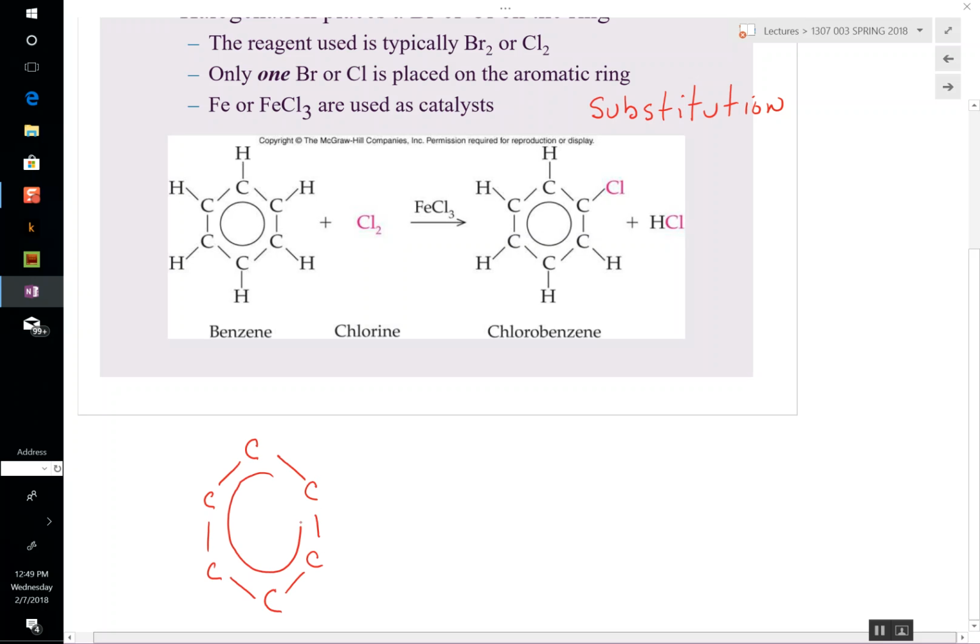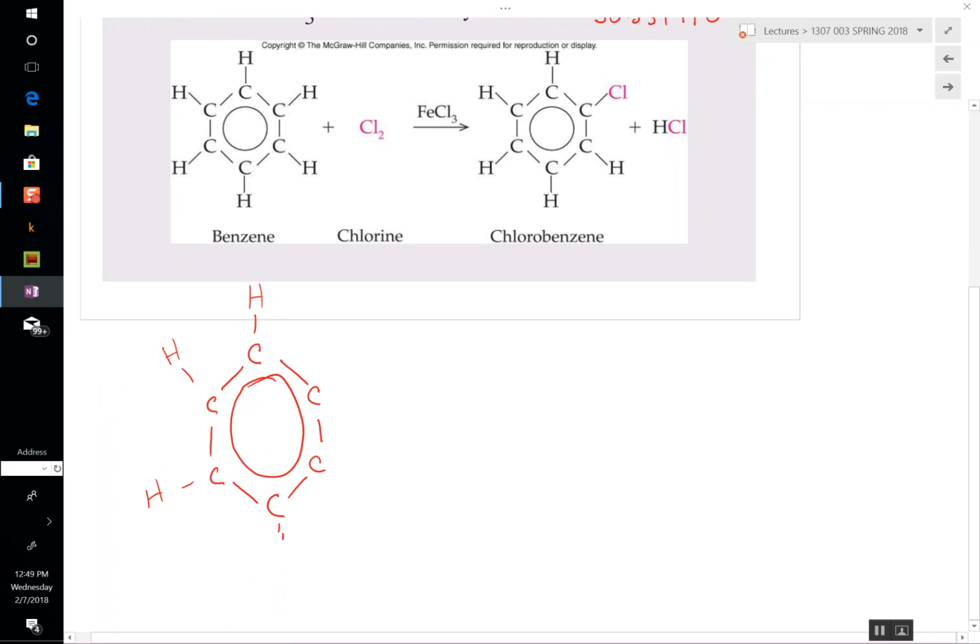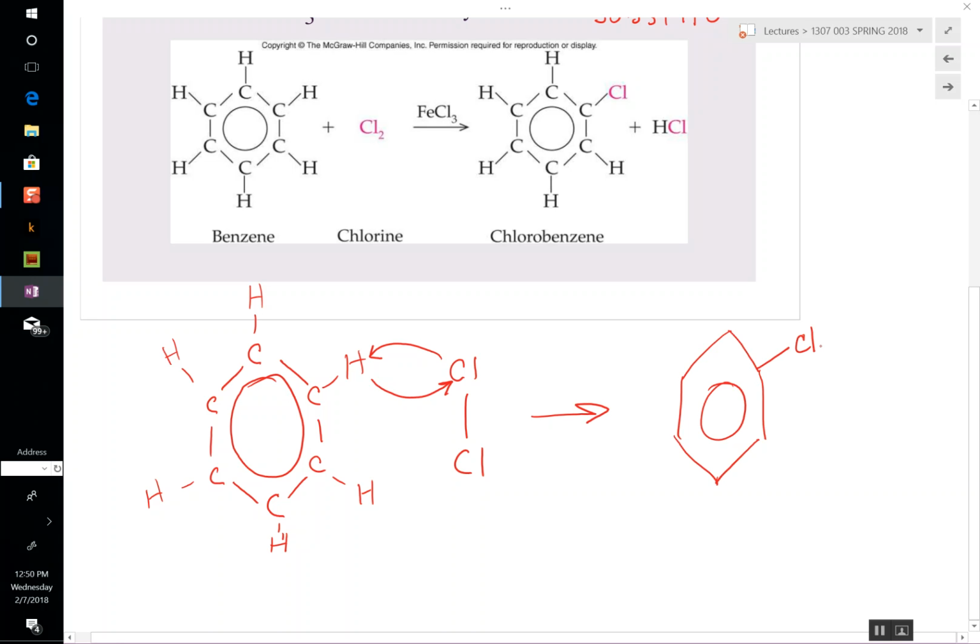So here is our aromatic ring. And if this is our chlorine, substitution. This chlorine is taking the place of the hydrogen, and the hydrogen is taking the place of the chlorine. So because it's substitution, you only get one chlorine on the ring, and you generate HCl.